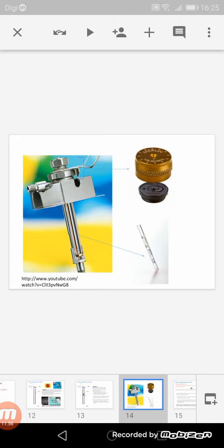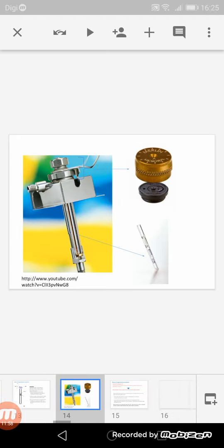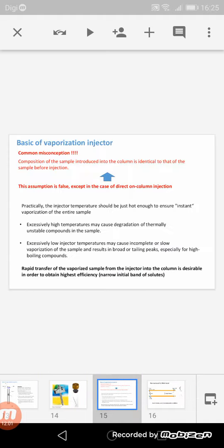Now, basic vaporization injector, there is always a common misconception: that the composition of the sample introduced into the column is identical to that of the sample before injection. This assumption is false, except in the case of direct on-column injection.